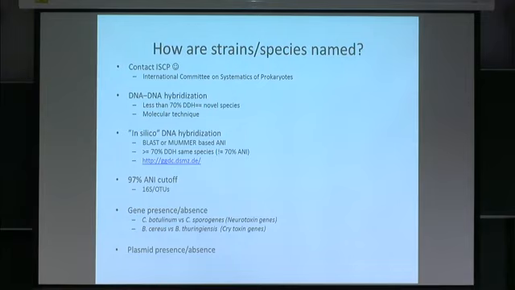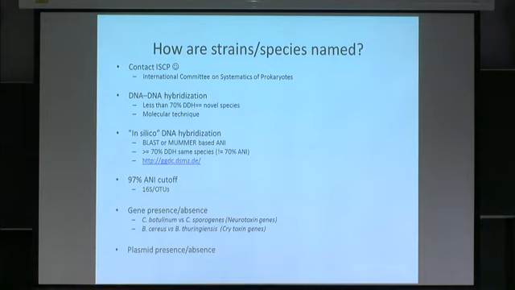I guess the recommended way is to start by contacting the international committee for help, but the point is there are a lot of names which make it seem, when you see a certain microbe or pathogen, that they might be very similar, and they are, or names that are different and actually are things that differ by a single gene or very little differences at all. But we have DNA hybridization, with basically a 70% value or better meaning it's the same species, and if it's lower than that, it's not.